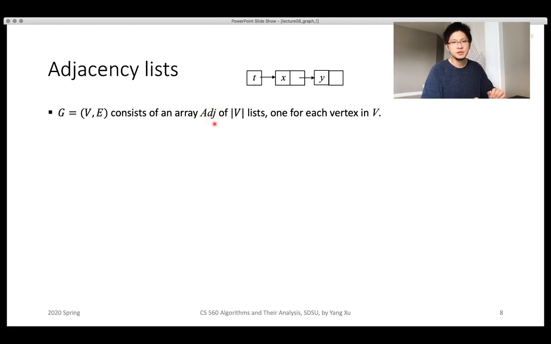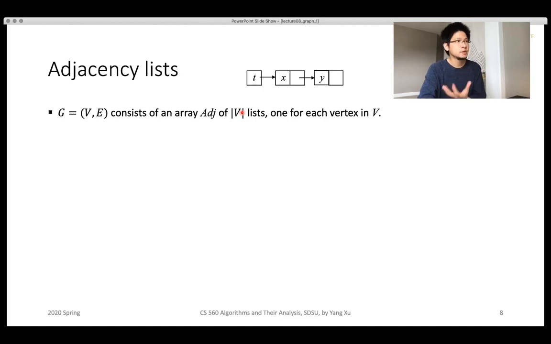This is an array, and it has size of V lists, and each one of these lists is for a vertex in V. Because in V we have that many vertices, and for each vertex we assign it a list. That's why we have size of V, that many lists in total.